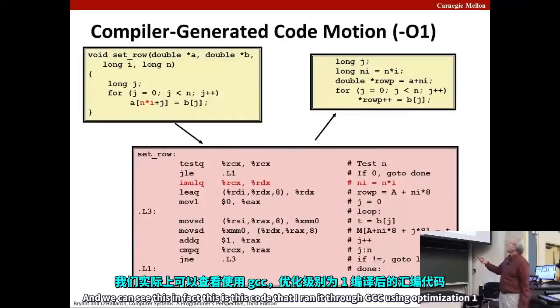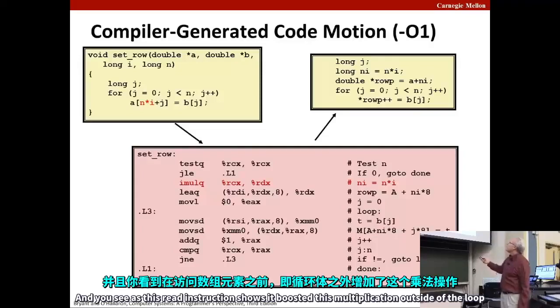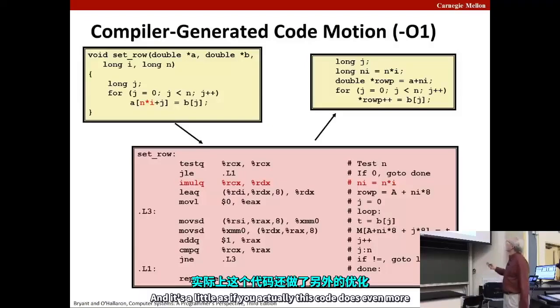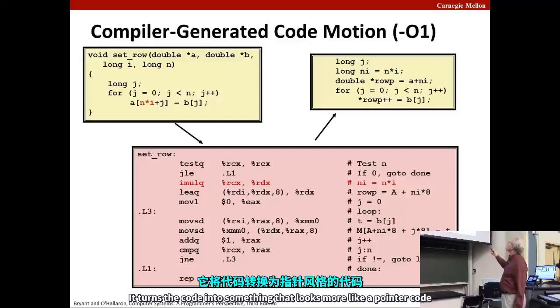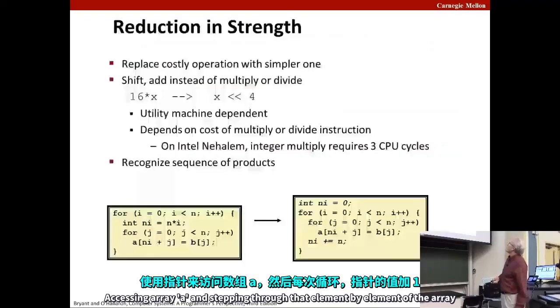We can see this in this code, which I ran through GCC using optimization level 1. As this red instruction shows, it hoisted this multiplication outside of the loop. The code actually does even more: it turns the code into something that looks more like pointer code, accessing array A and stepping through it element by element.